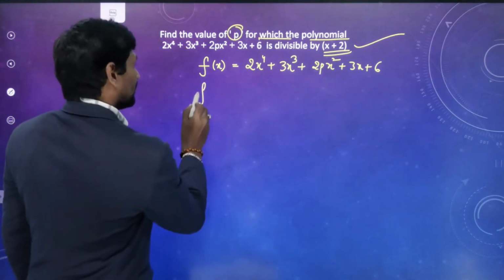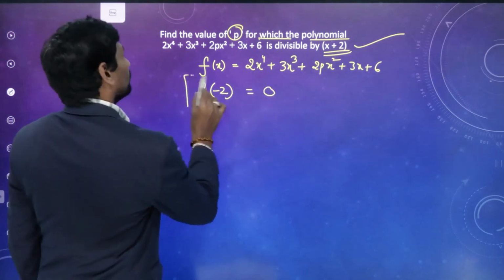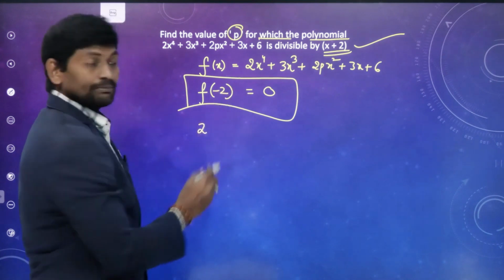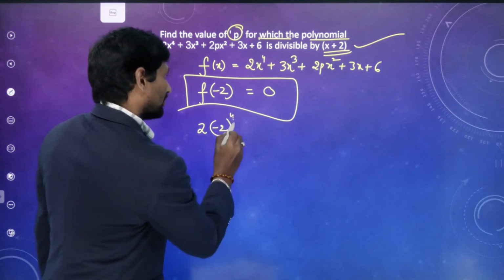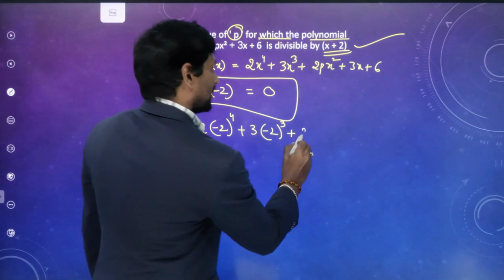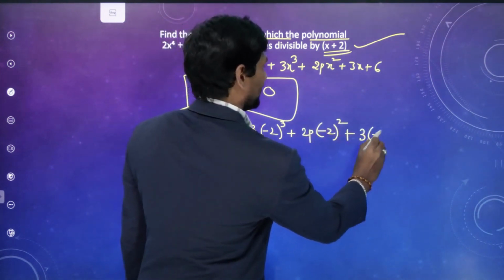That means I am directly finding f of minus 2 becomes 0. That means 2 into, in the place of x, substitute minus 2 power 4 plus 3 into minus 2 whole cube plus 2p into minus 2 whole square, plus 3 into minus 2 plus 6.